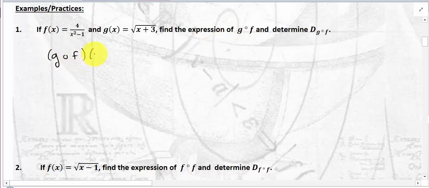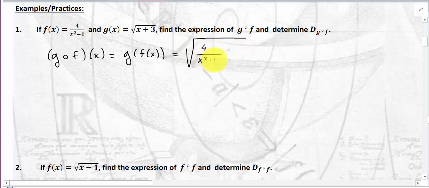So g of f of x is by definition g of f of x, and so let me plug f of x inside g. So it is the square root of 4 over x squared minus 1, plus 3, right? So let's add these. There are two fractions, I need to add them.